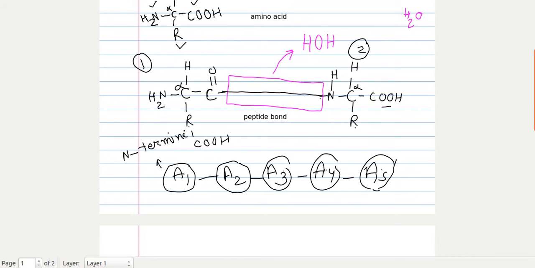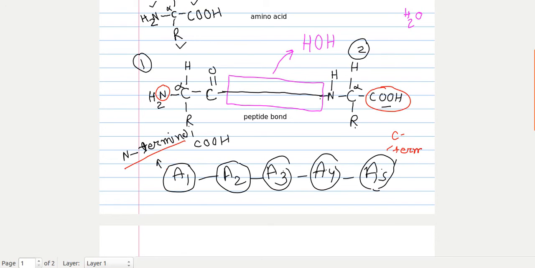So why N-terminal amino acid? Because you see in this dipeptide, at the end there is this nitrogen group, and here at the end there is this COOH group. So this will be called N-terminal amino acid, and this will be called C-terminal amino acid.